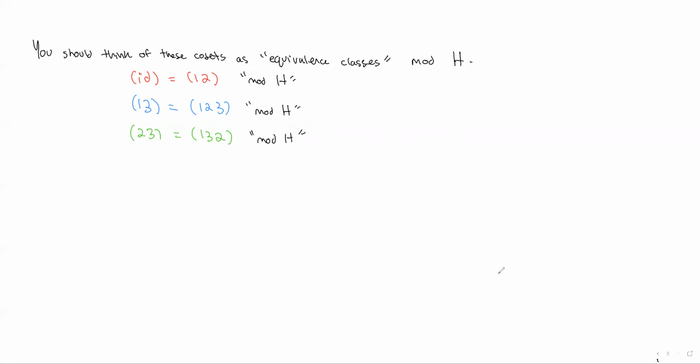Okay, and so a quotient group structure means that multiplication preserves equivalence mod H. This is already second nature mod n.